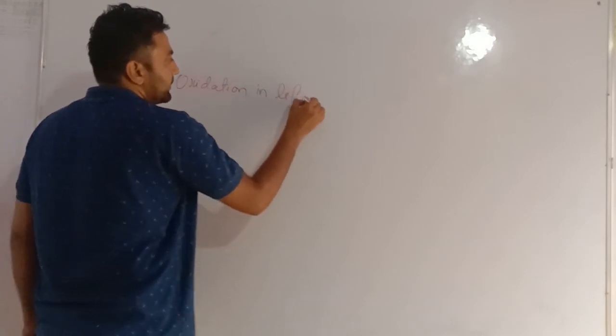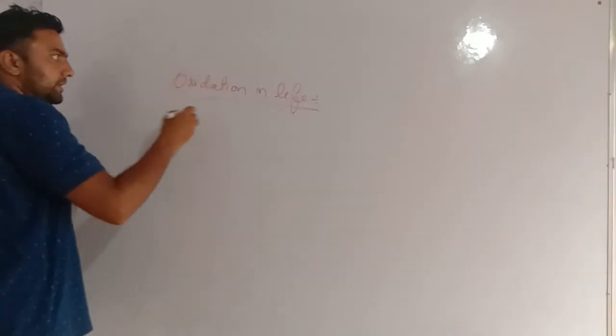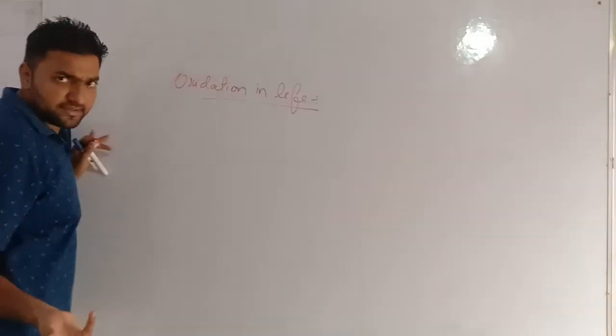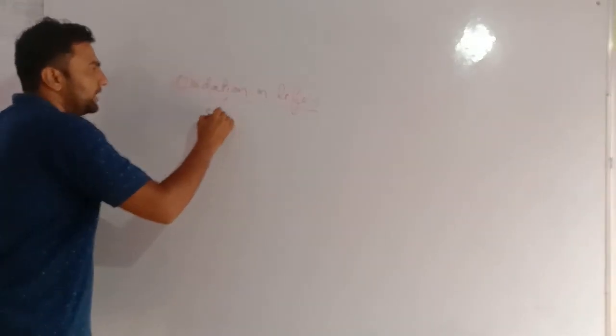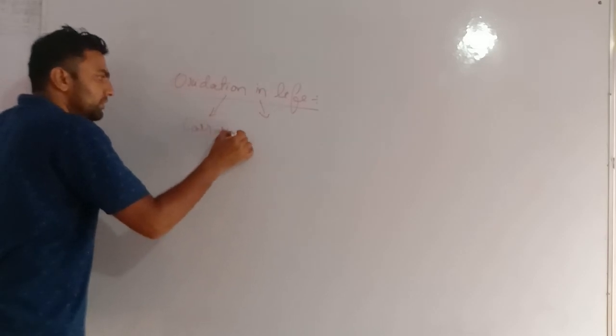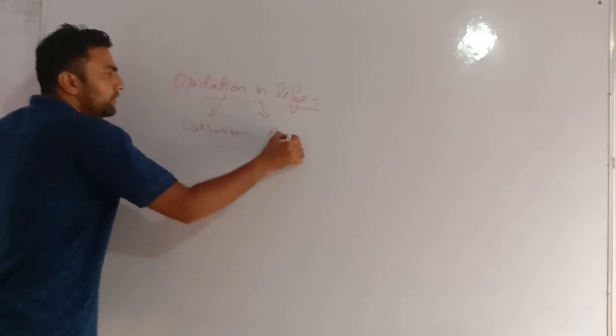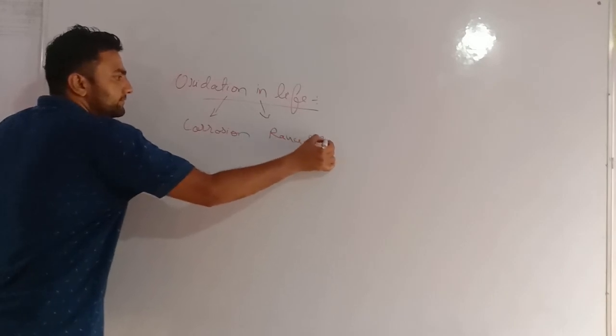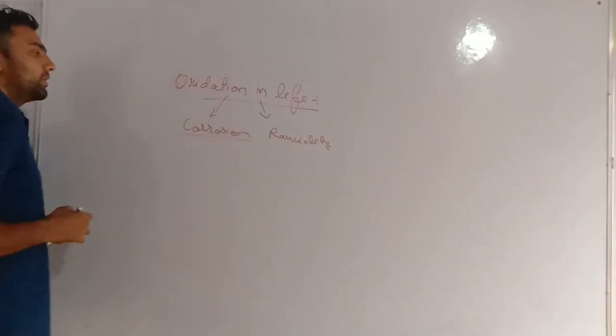In everyday life many reactions are taking place, but the most prominent oxidation in our life is in the form of corrosion and in the form of rancidity. First of all, we will see what is corrosion.